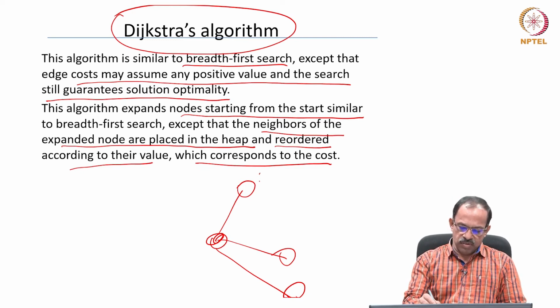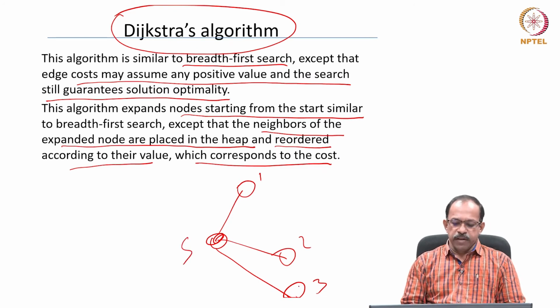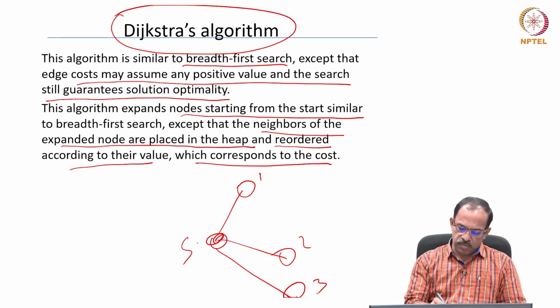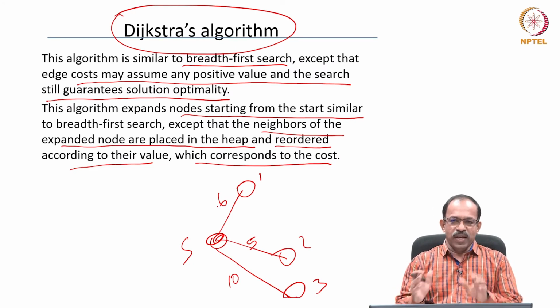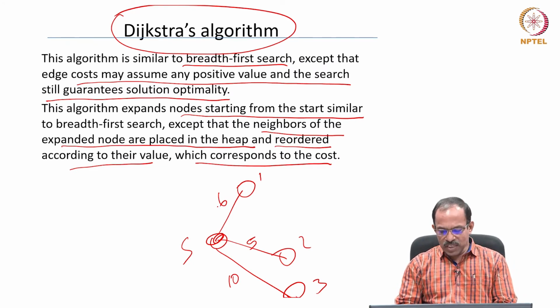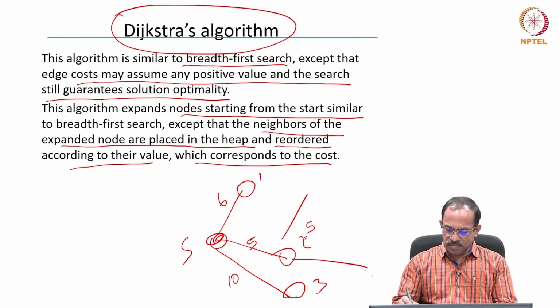Suppose the costs are 1, 2, 3, this is the start and these are the nodes. It will try to find the cost of travel from the start to each. Suppose this is 10, this is 5 and this is 6. It will put all these into a group and find the smallest one. It will say that to reach here the cost is 5. Then it will try to expand this one further.